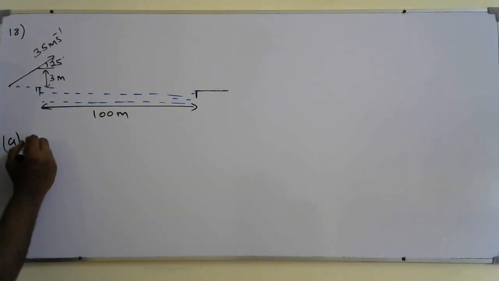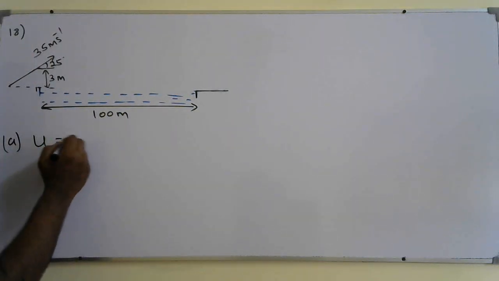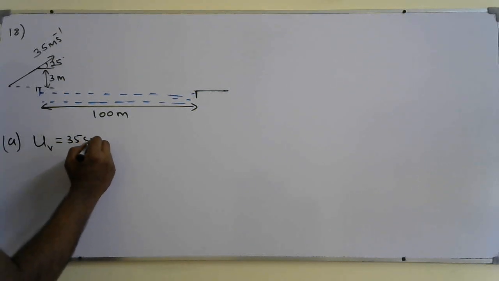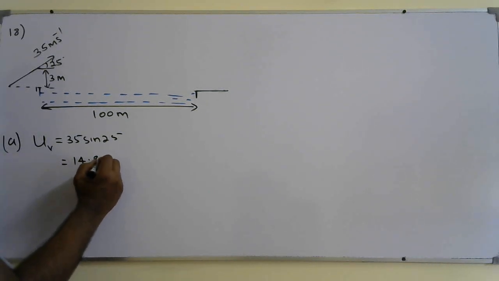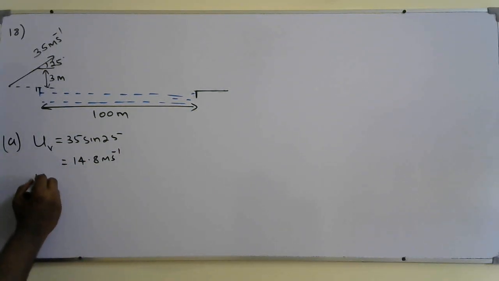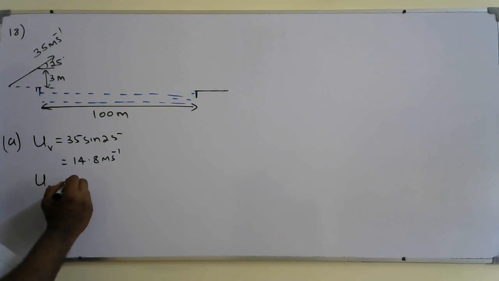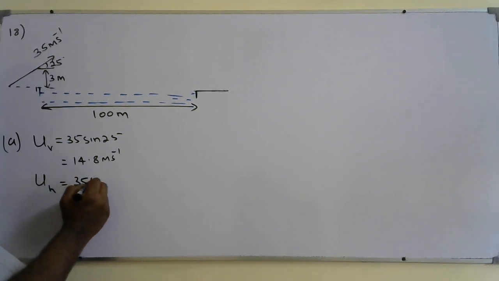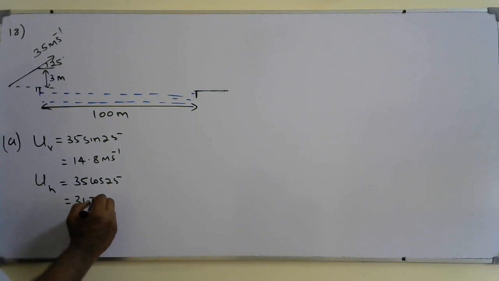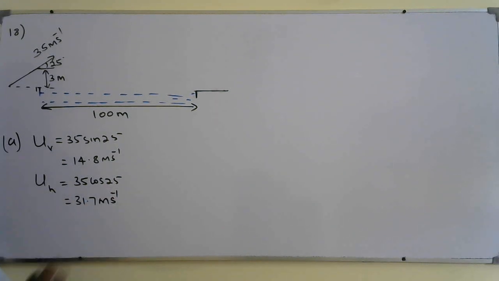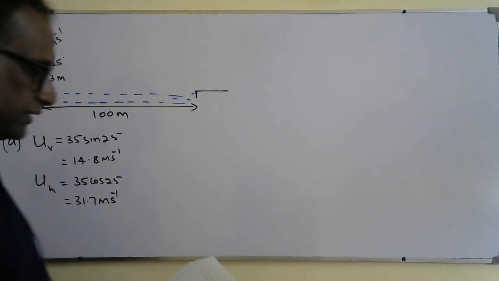Initial vertical velocity is 35 sin 25, which is equal to 14.8 meters per second. Initial horizontal velocity is 35 cos 25, which is equal to 31.7 meters per second.